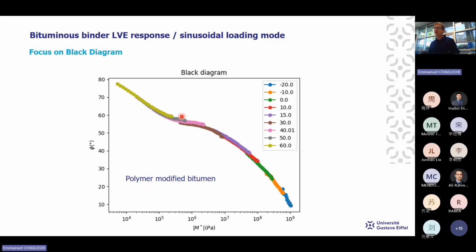It means that the polymer gives elasticity to our material, and we can observe this with this elastic plateau. Of course, we are still elastic at low temperature or high frequency, and we are approaching the Newtonian state at high temperature. But what we have to recognize is this elastic plateau given by the addition of the polymer.